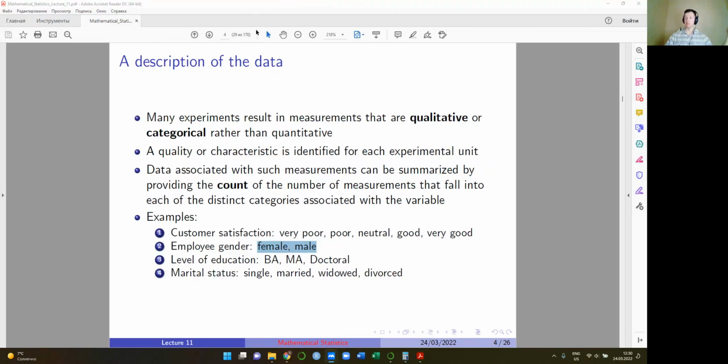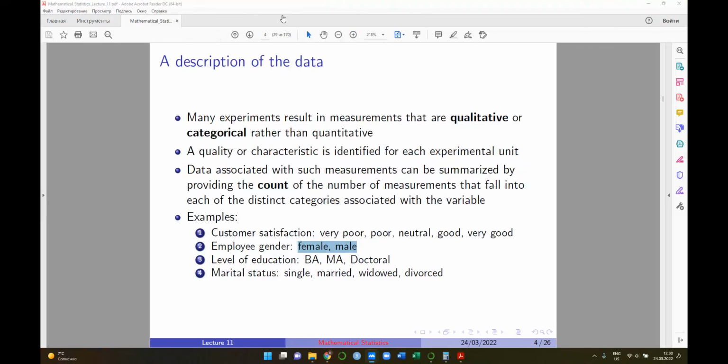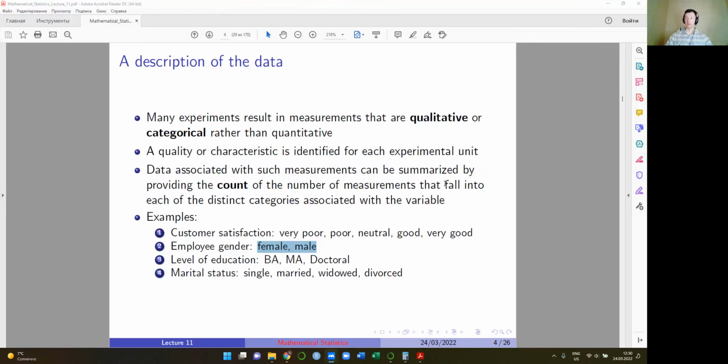Who can answer? Once again, if you have a variable and this variable can take only one of two possible values, 0 or 1, what is the distribution associated with this variable?